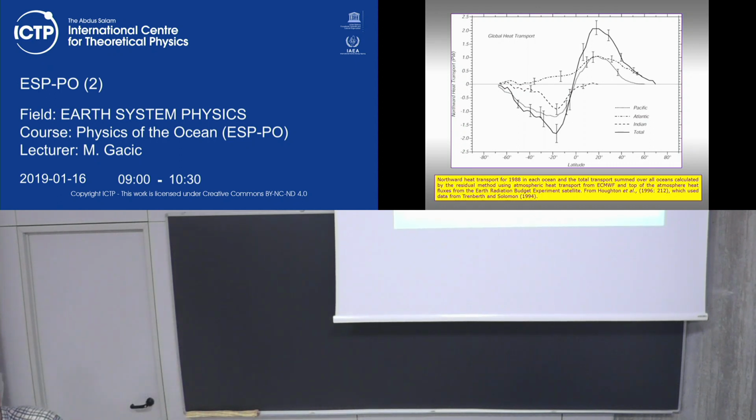Obviously, it depends on the convention. What is positive? What is negative transport? Positive is northward, and negative is southward. But both of them represent the transport of heat between equatorial and polar areas.